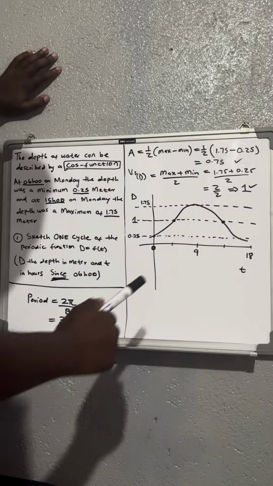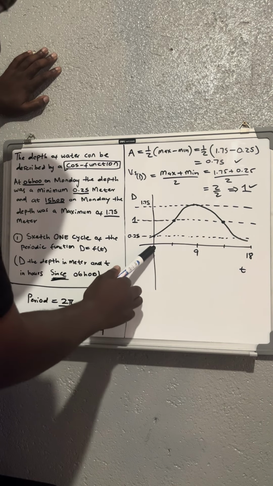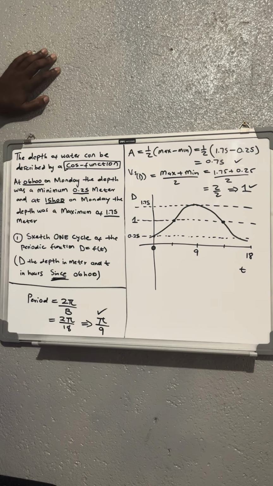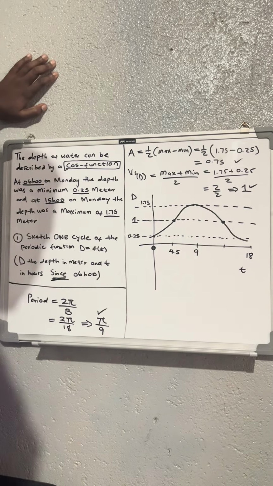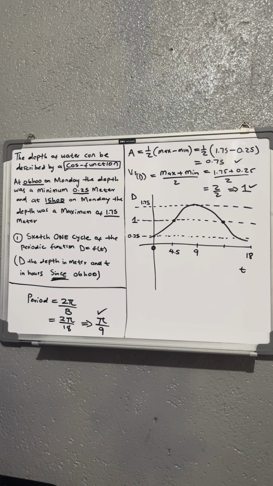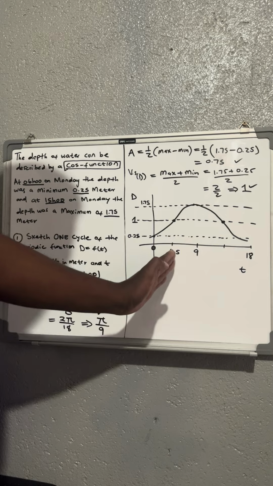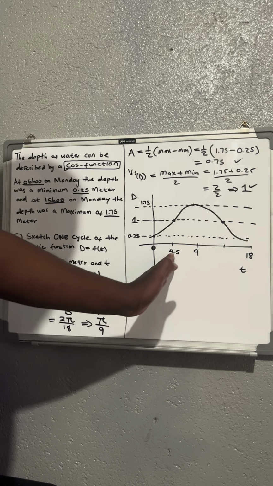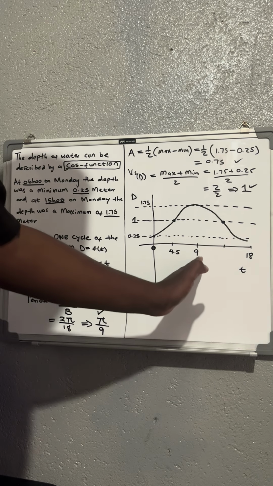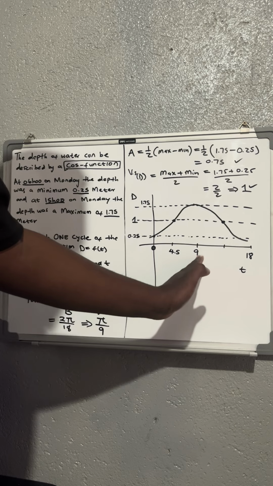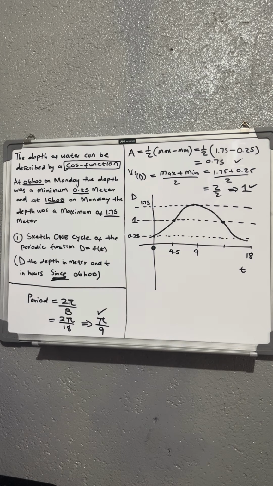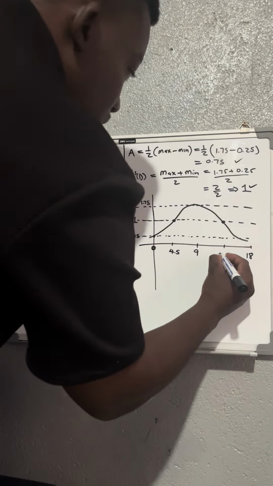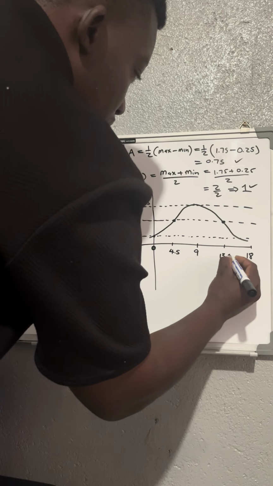It means from this side to this side, if I divide this 9 by 2, I'm going to have 4.5. So I'm going to have 0, 4.5. If you add 4.5 to 4.5, you get your 9. You get your 9 plus your 4.5, you're going to get 13.5.